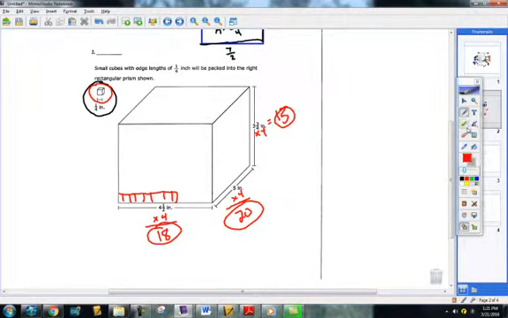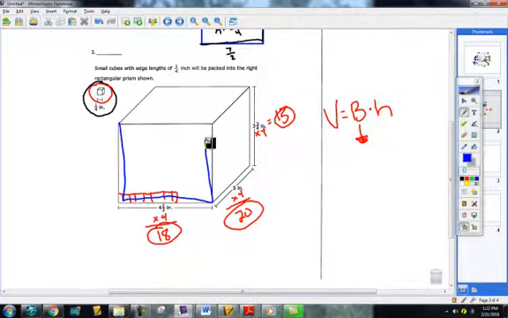Okay. So now you can do the formula: area of the base times the height. And I know that now I can just figure out how many cubes there are, because I can say the area of the base. So if I called the front here my base, once again, to find the area of that base, I'm going to do 18.